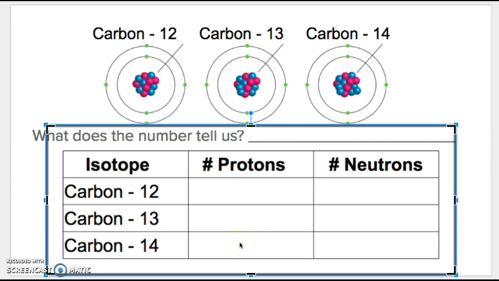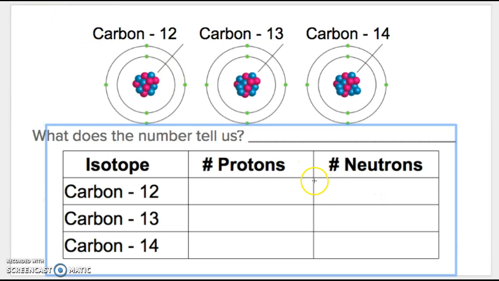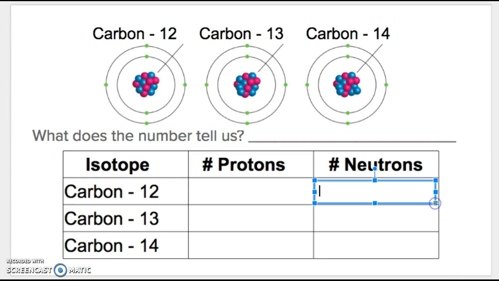The difference is with the neutrons. Let me add a text box here. Okay. So for the neutrons, I need to do some math. I need to take my mass, which for this one is carbon 12, and I need to subtract my number of protons. 12 minus 6 is 6. Okay.